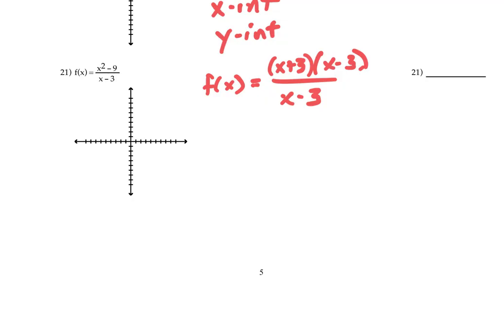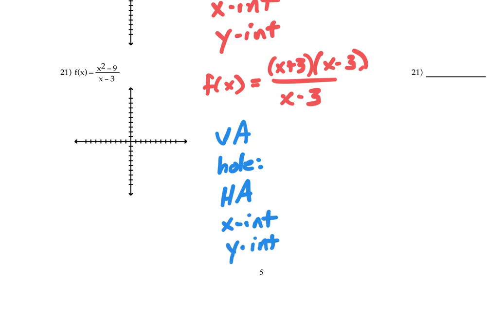Okay, so if we write out, and I will tell you this. Even though we're writing these 5 things out, that doesn't mean you're going to have all 5 things included. Sometimes there may not be an x-intercept. Sometimes there may not be any holes. So there may not be anything there, but we have to check for it. Okay.